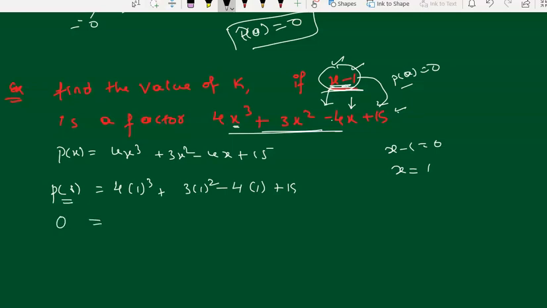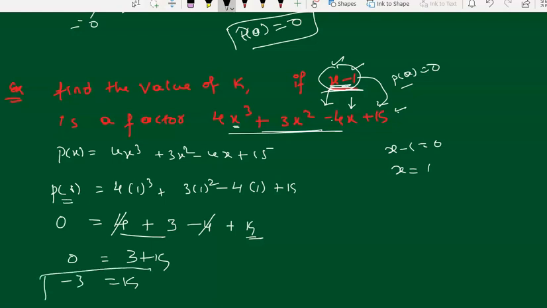Here we get 4 plus 3 minus 4 plus k. You have to find the k value. Just add these: 4 minus 4 cancels out, and we get 3 plus k. So if you want to find k, moving 3 to the other side, k is equal to minus 3.